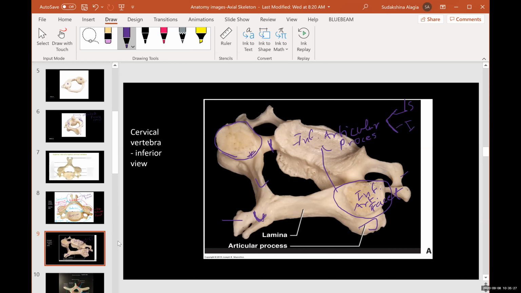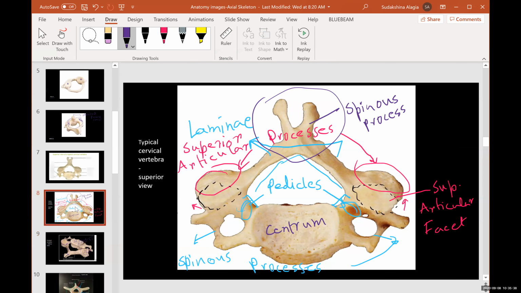Inferior articular process. The process is the part, the facet is the cut. Think of it that way. Inferior articular facet. And on a superior view, superior articular process, superior articular facet. Do we get this?